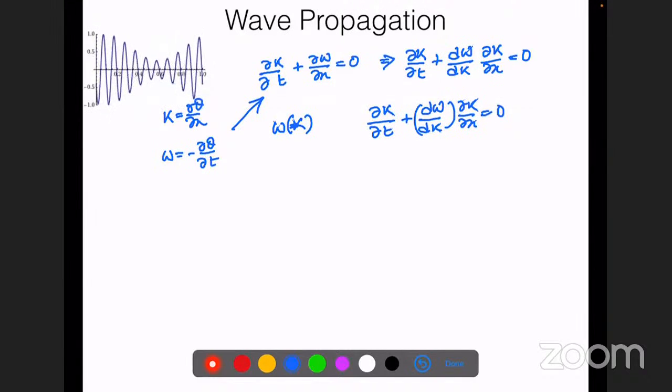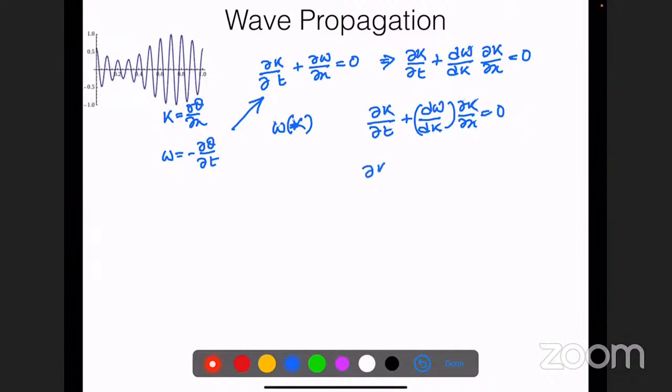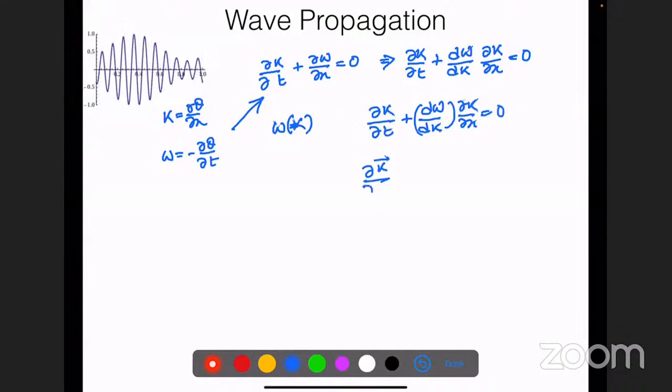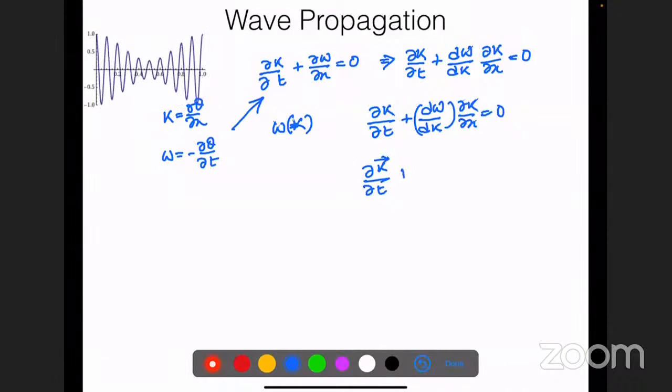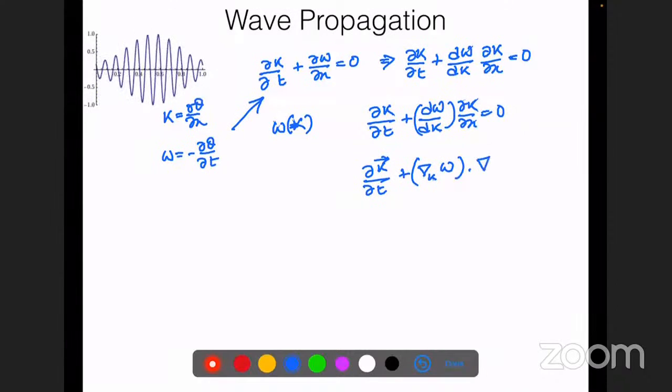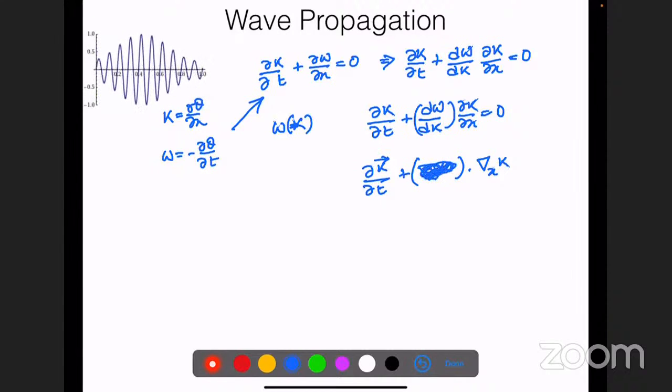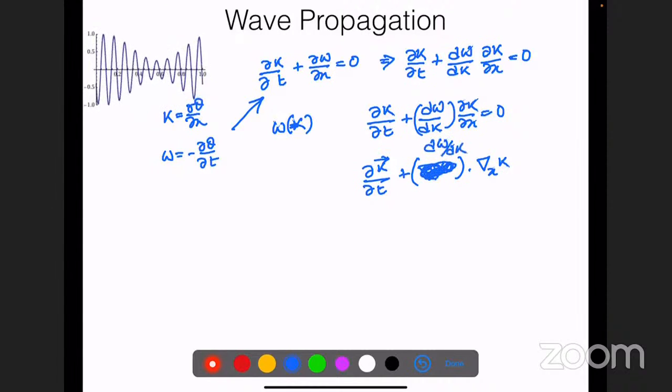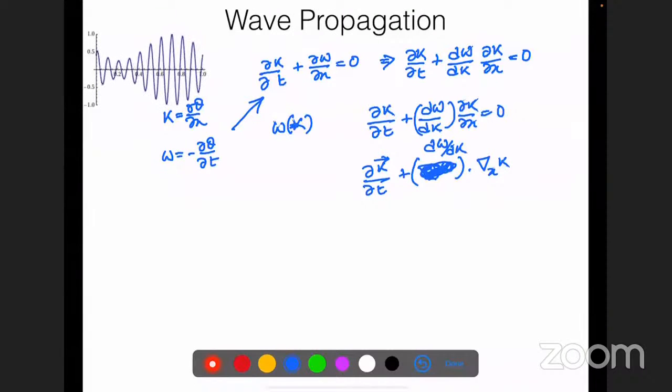This I can extend to three dimensions, where this is the rate of change of the wave vector, and the gradient of frequency with respect to the wave vector, d omega dk, because omega is only a function of k, dotted with the gradient of k in space.